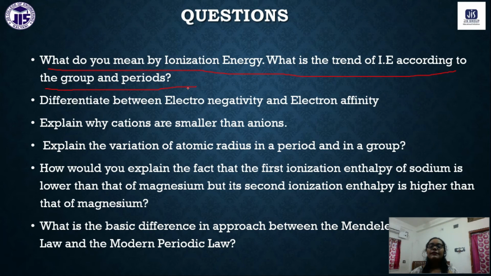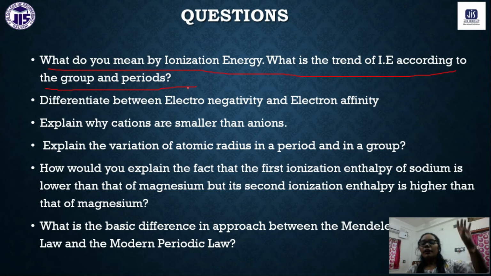If the size of the atom increases, the outer orbital electrons are very loosely bound. So the attraction force towards the outer orbital electrons will be decreasing down the group.